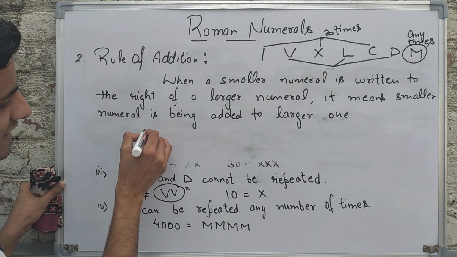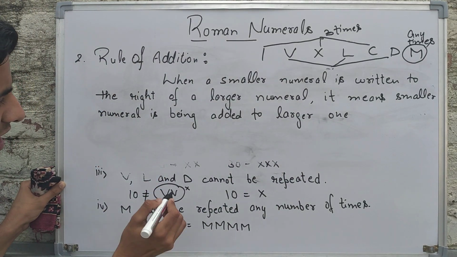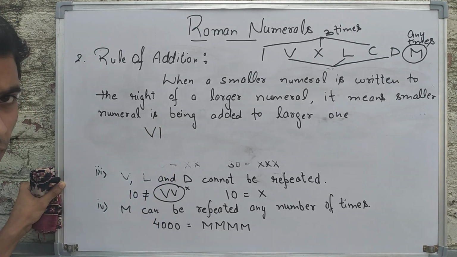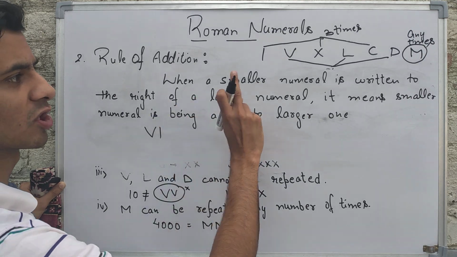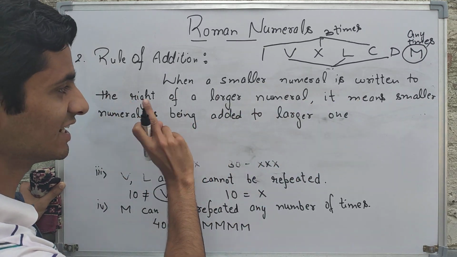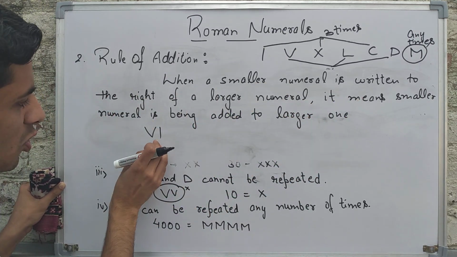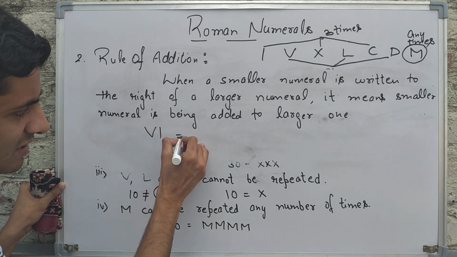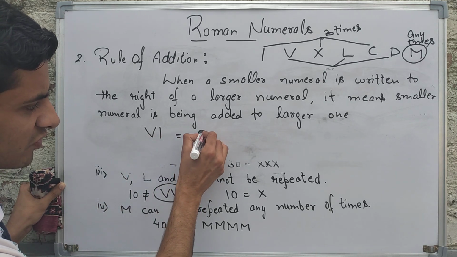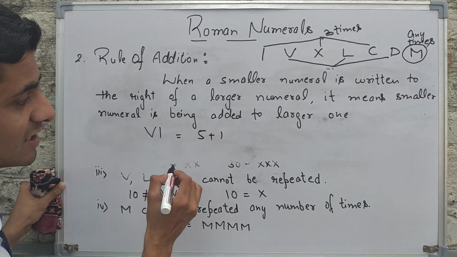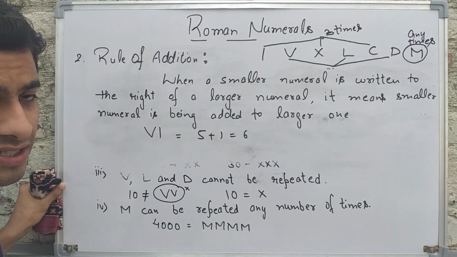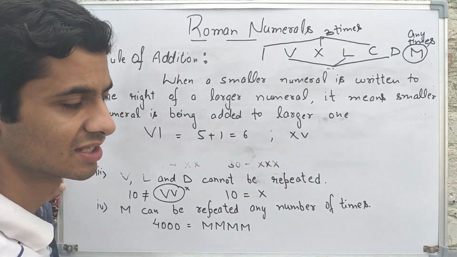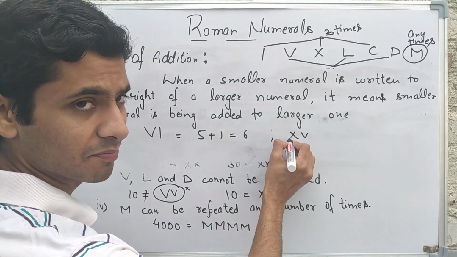Suppose you are writing a smaller numeral after a larger numeral. What does it mean when a smaller numeral is written to the right of a larger numeral? It means the smaller numeral is being added to the larger one. So the smaller numeral is 1, the larger is 5, the smaller numeral is being added to the larger one. It means we got 6. Suppose I write XV, a smaller numeral after a bigger numeral.